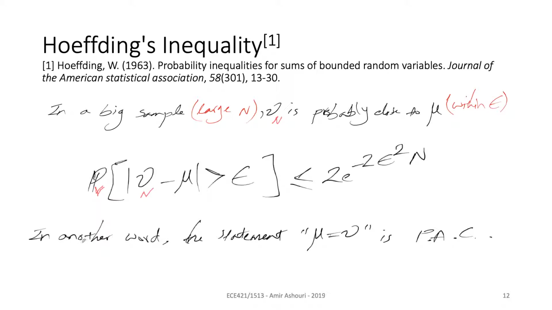In another word, the definition of PAC is the statement mu equals V is PAC, and PAC represents probably approximately correct, right? So when we talk about PAC learning, we are trying to relate mu with V, and we say mu could be equal to V, probably approximately correct.